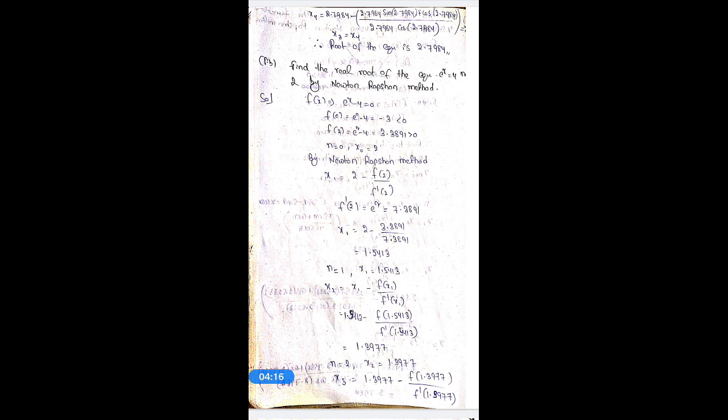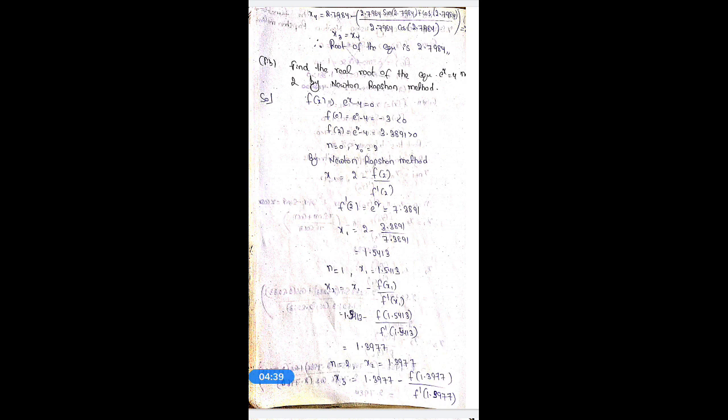Therefore, x1 = 2 - 3.3891/7.3891 = 1.5413. This is the first iterated value x1.